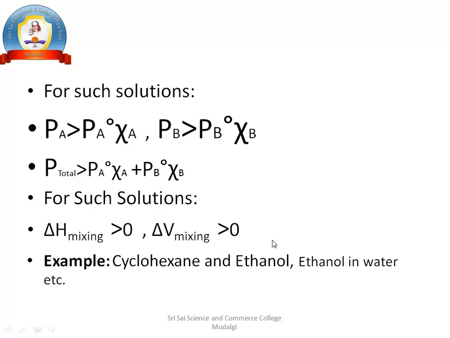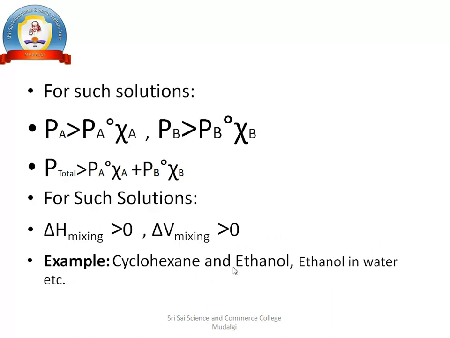In one of the board examinations, they asked a question regarding this: if 10 ml of component A is mixed with 10 ml of component B, and the observed solution has a final volume of 20.1, what is the type of deviation? Now remember children, the change in volume on mixing will be greater than 0.